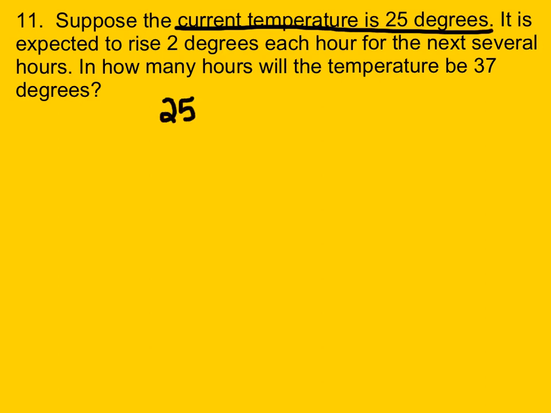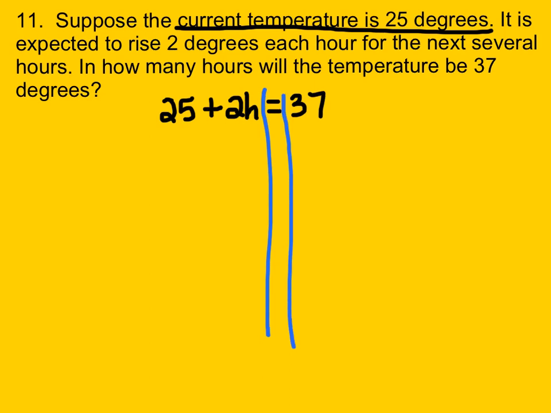Now what is happening after the temperature is 25 degrees? It is expected to rise 2 degrees per hour, so plus 2h. We want to know when this is going to equal 37 degrees. So here's our equation. Let's draw our river, circle our term with the variable, and solve for h.